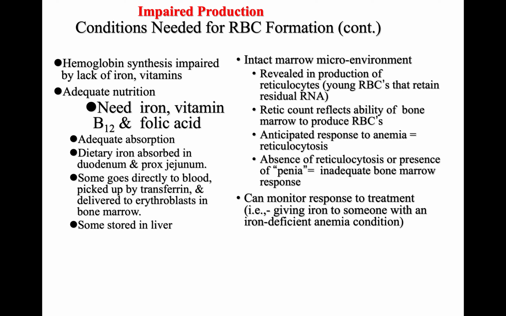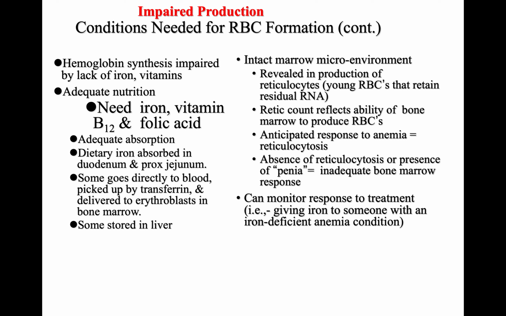Dietary iron is absorbed in the duodenum and proximal jejunum. Some goes directly to the blood, picked up by transferrin, and delivered to the erythroblasts in the bone marrow. So if we have problems with transferrin, and we do in lupus and rheumatoid arthritis, we're going to have problems with hemoglobin synthesis. And again, very little is stored in the liver, but some is.